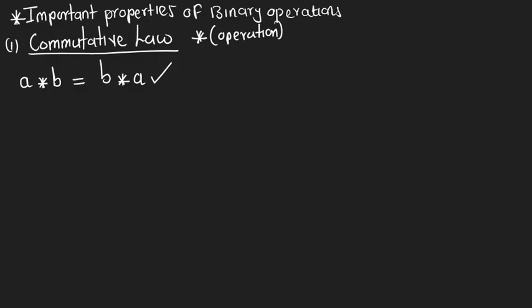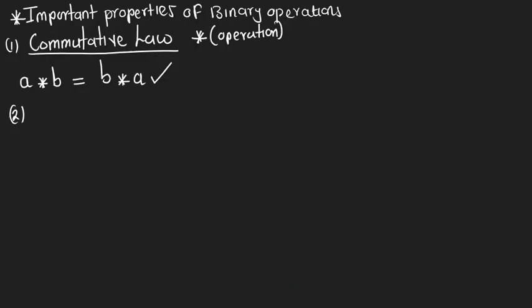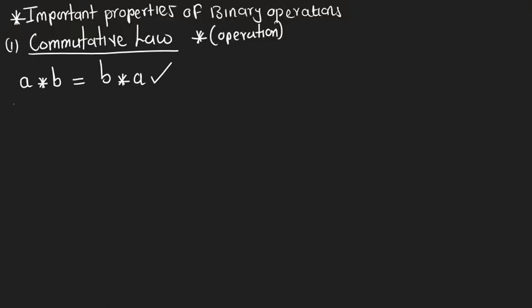Before I go any further, let me go a little bit deeper on this particular part. This implies that if we let A be equal to 1 and B equal to 2, then we want to operate this operation.